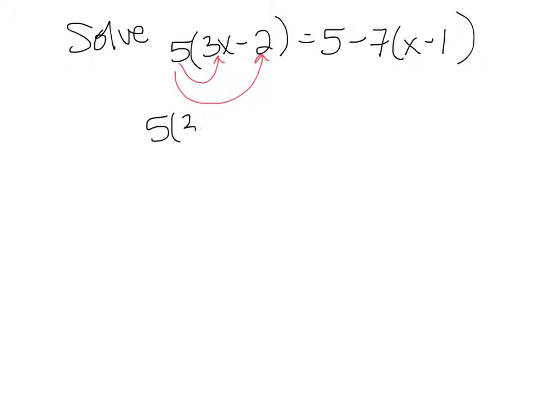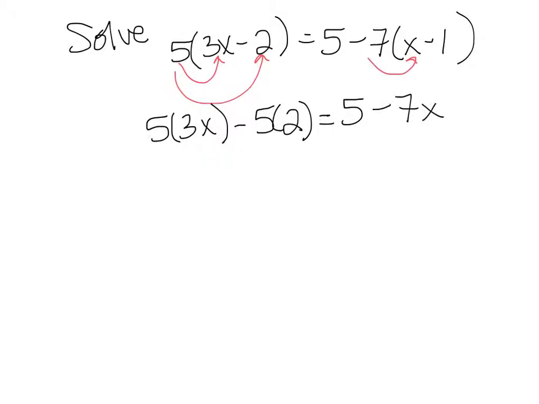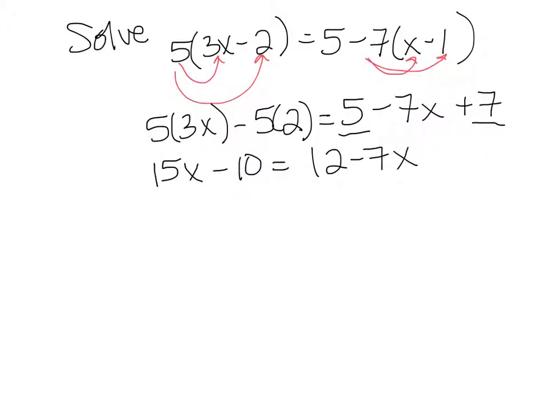So 5 times 3x minus 5 times 2 is equal to 5, and now we'll distribute again. So negative 7 times x is negative 7x, and negative 7 times negative 1 is positive 7, so plus 7. Okay, now we can multiply things out. 5 times 3x is 15x. 5 times 2 is 10. And I'm going to combine some like terms. So 5 plus 7 is 12. And then we'll still subtract 7x.